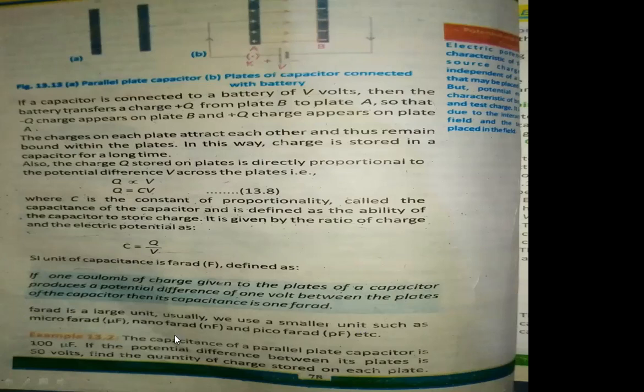Now I'm moving towards example 13.2, which is on page number 78. Please open page number 78 as I'm going to solve it. I read the example statement first. The capacitance of a parallel plate capacitor is 100 microfarad.